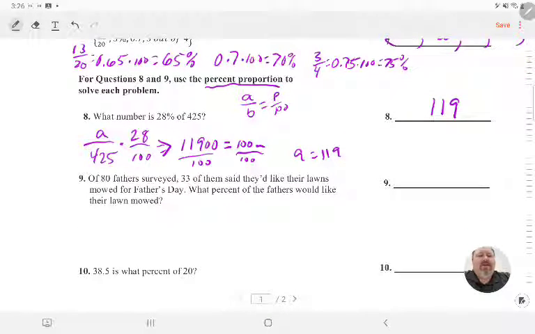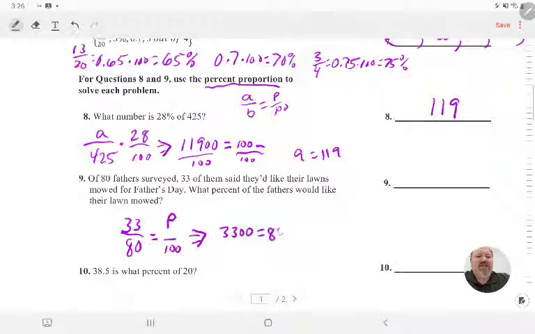Okay? Number 9 says, of 80 fathers surveyed, 33 of them said they'd like their lawns mowed for Father's Day. What percent of the fathers would like their lawns mowed? Okay, we would do this the same way. Part over the whole equals the percent over 100. After we cross multiply, we're going to get 3,300 equals 80p. Divide both sides by 80.